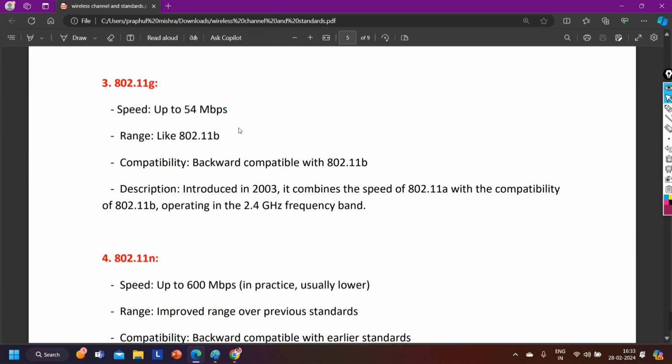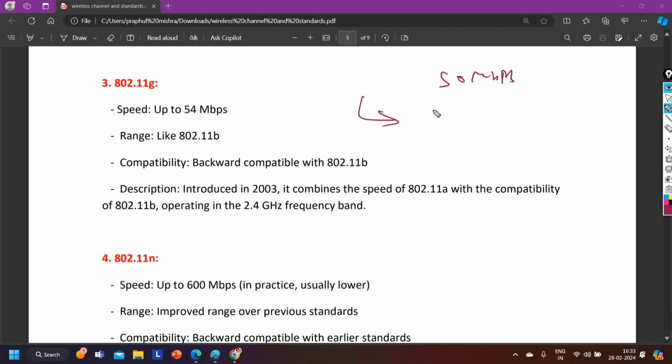So let's say you need to purchase one Wi-Fi router. You will check what speed is required, and according to that you are going to choose which AP or wireless router is going to be best for you. And again, it depends on your internet connectivity as well. Let's say you have internet connectivity from an ISP of 50 Mbps.